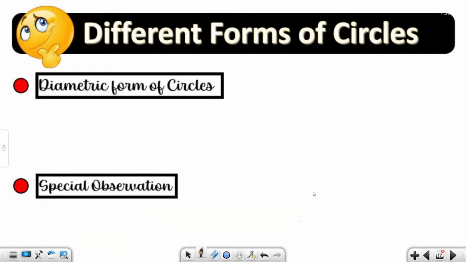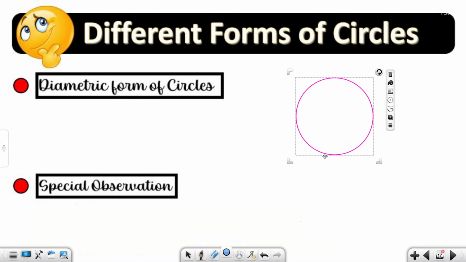Now, let us come to another important thing, which is called the diametric form of the circle. What is that? We have been given a circle, and at the same time we have been given the extremities of the diameter.